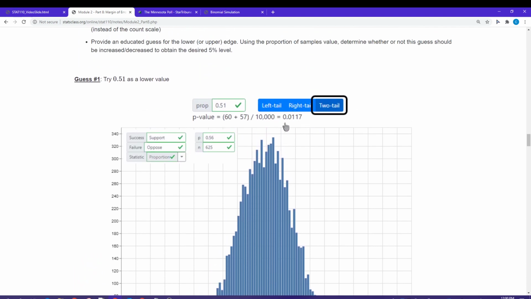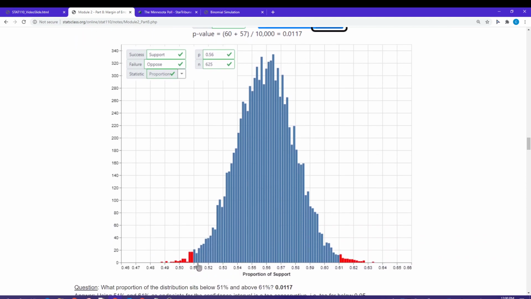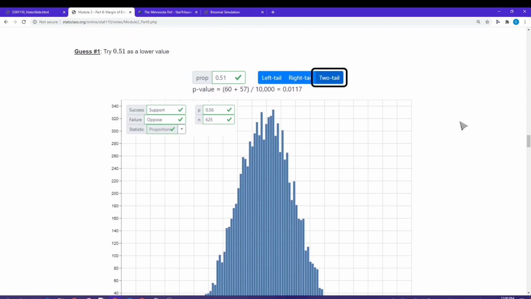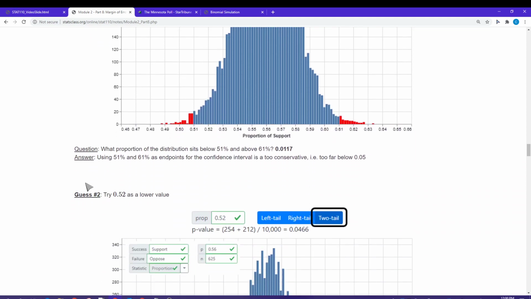Now we want this value to be close to 5%. So my guess here of 0.51 as a lower endpoint is a little bit too conservative. I need to move that up a little bit so that I can truncate about 5% of the distribution. So let's move that from 0.51 up to 0.52 and give that a try.